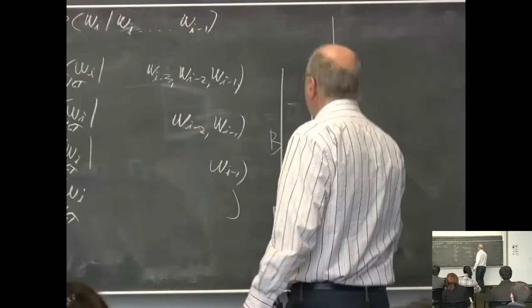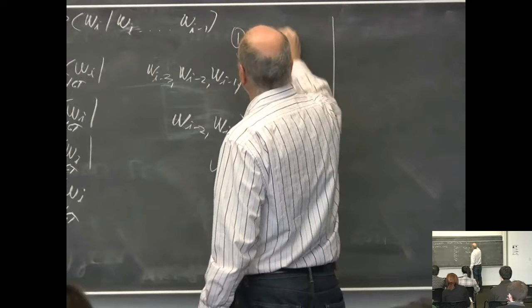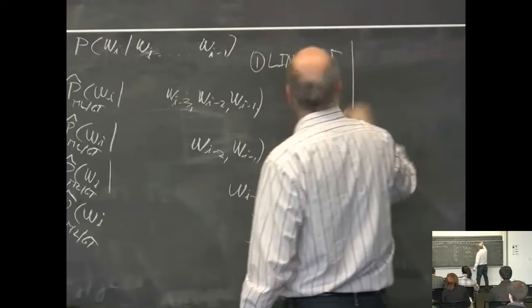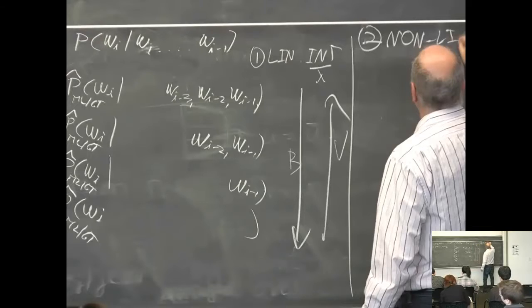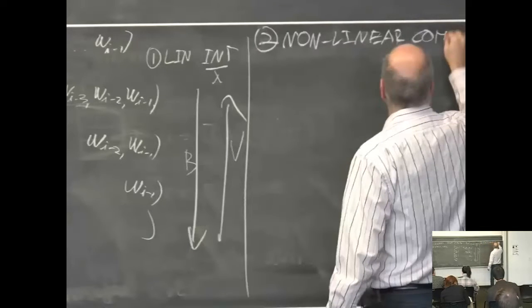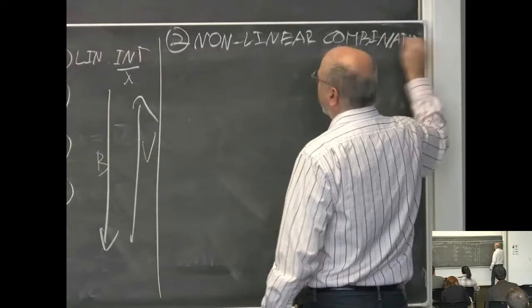So one method is linear interpolation with weights. The second method is nonlinear combination. And for the nonlinear combination, you can do the following.